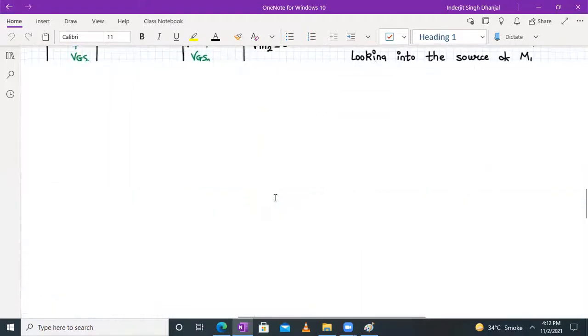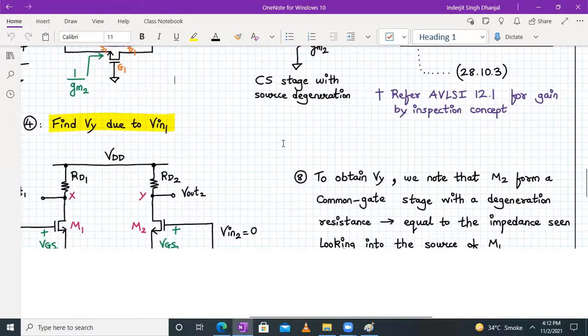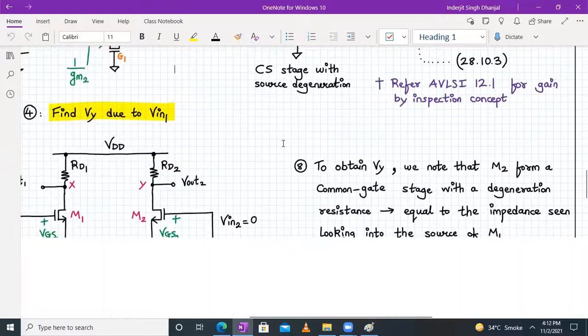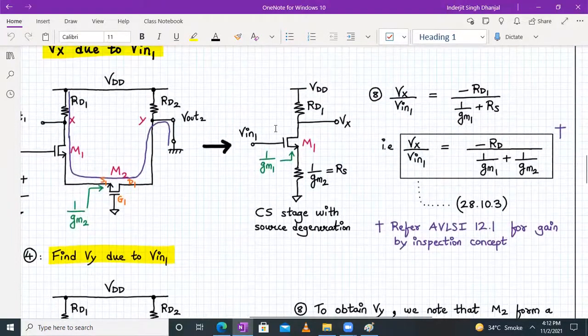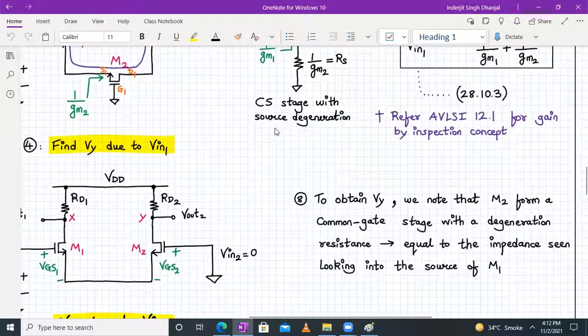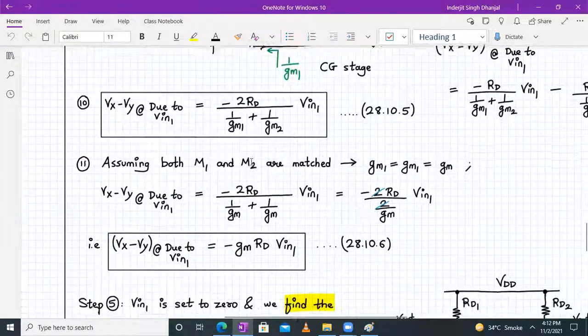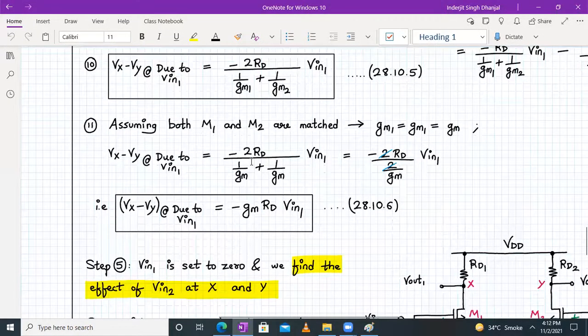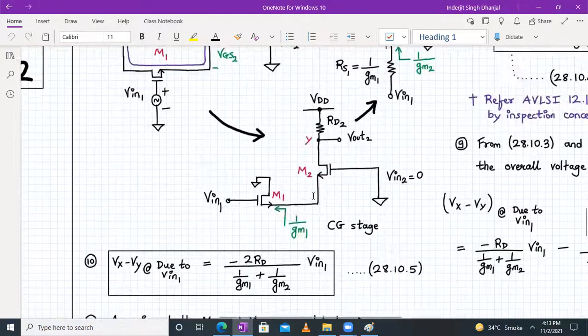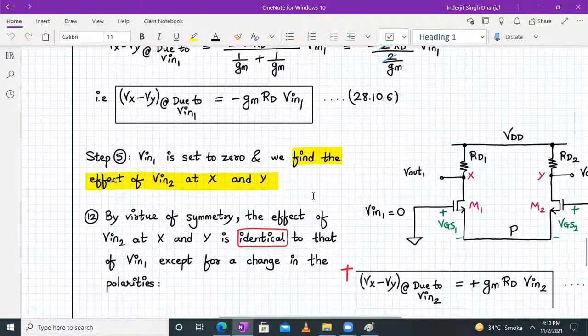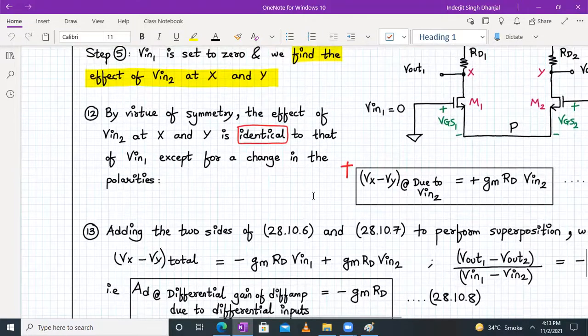Let me go back to the equations of Vin1. Vx minus Vy due to Vin1, we got this answer: minus twice RD divided by 1 upon gm1 plus 1 upon gm2 into Vin1. And finally, we calculated Vx minus Vy due to Vin2.